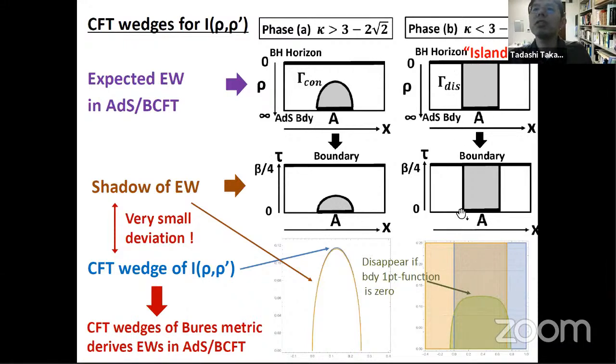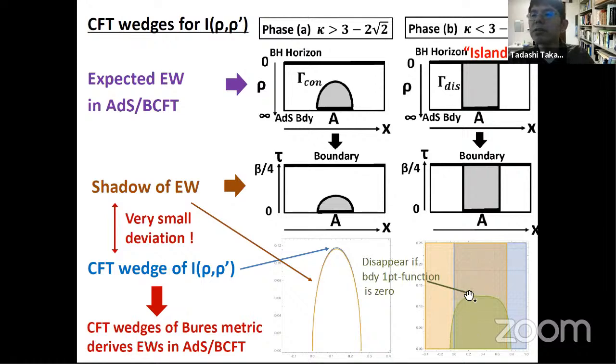And so there is a phase transition, and indeed we can see this phase transition in our calculation of this I-rho prime. This is the blue line, with a small deviation between this Rayleigh-like measure and the actual AdS/CFT entanglement wedge expectation. The yellow is AdS/CFT, and the blue is this Rayleigh-like measure. But precisely, we have this phase transition if we increase the size of A, with this sharp boundary here, and this overlapped region is the entanglement wedge computed from I-rho prime.